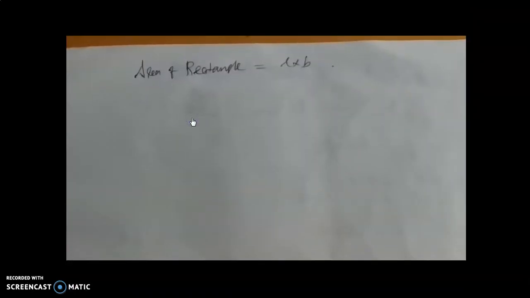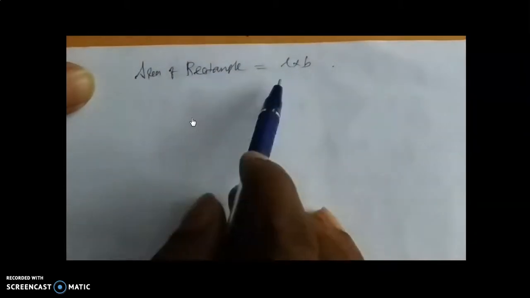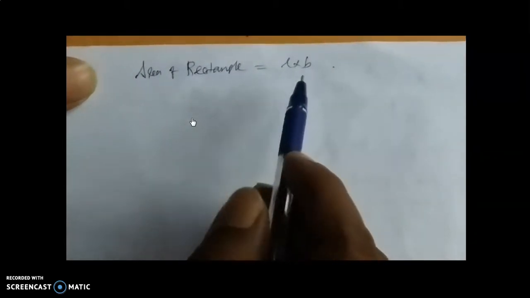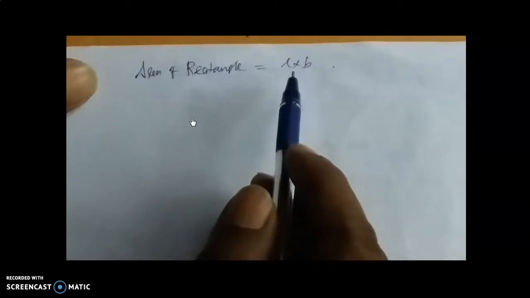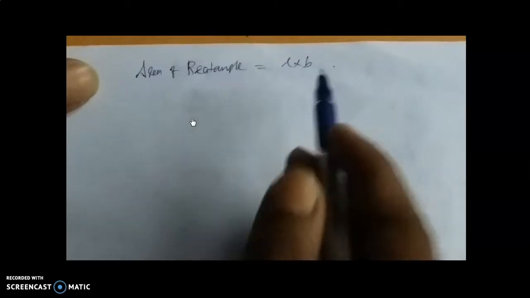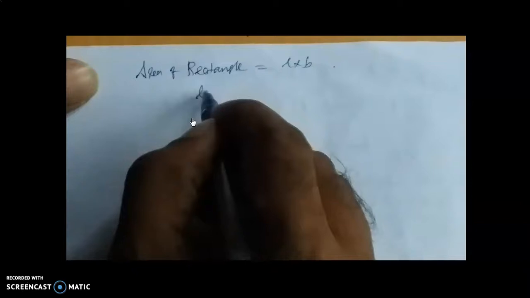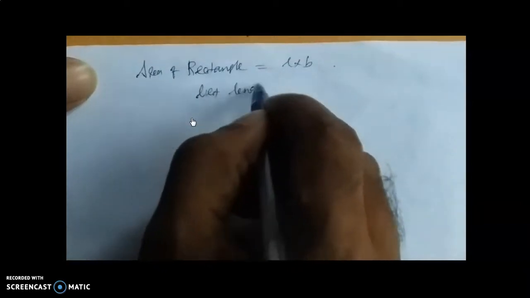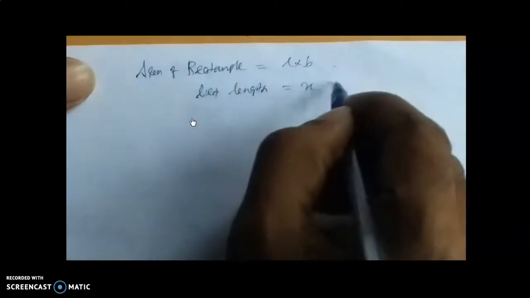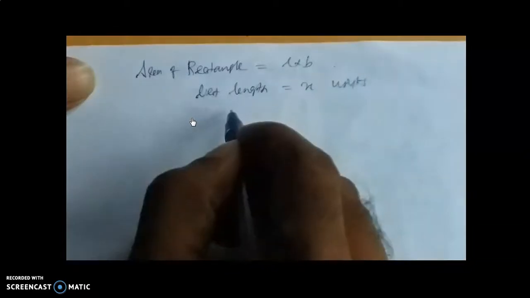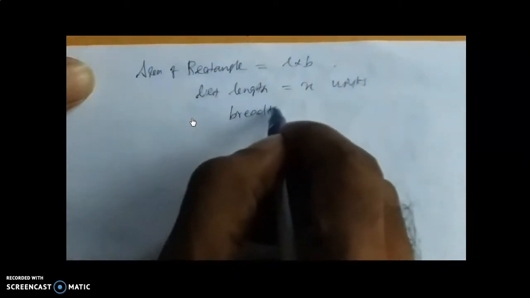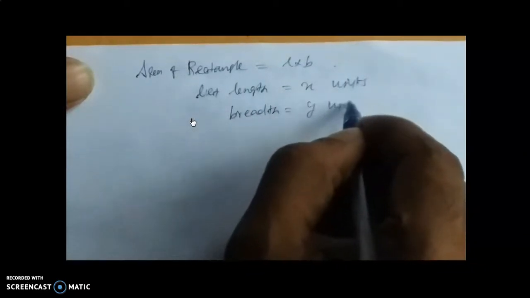Here, what is given? The area of the rectangle reduced by 9 square units when the length is reduced by 5 units and the breadth is increased by 3 units. What is the area of the rectangle formula? Area of the rectangle equal to L into B. Here we usually take the variables as x and y. Let the length equal x units and breadth equal y units.